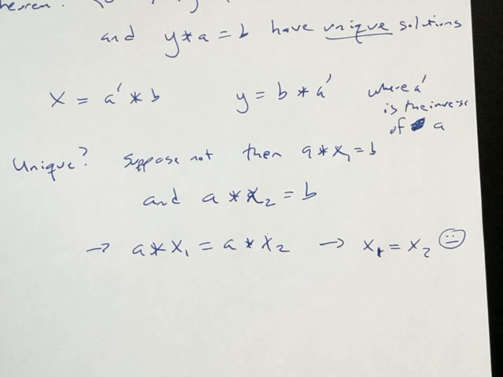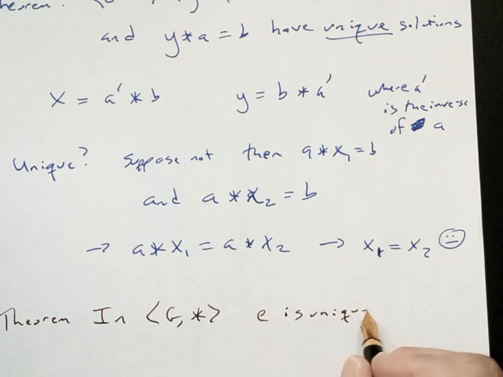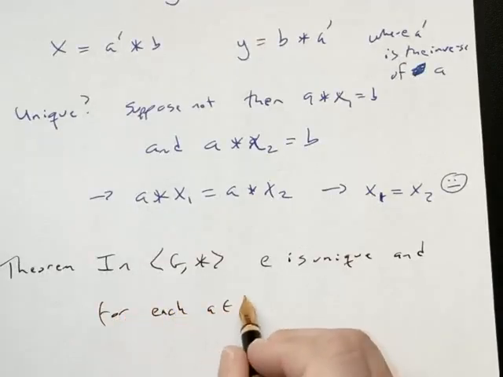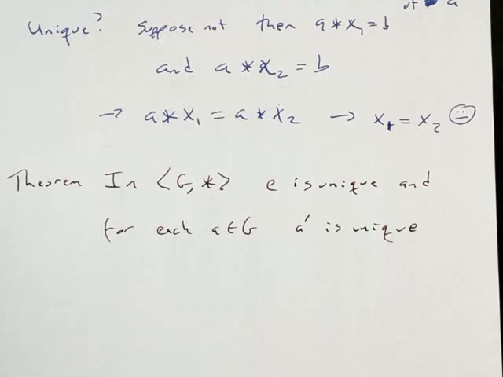But this cancellation idea means that I can also show there's only one possible inverse. We already know that the identity is unique.